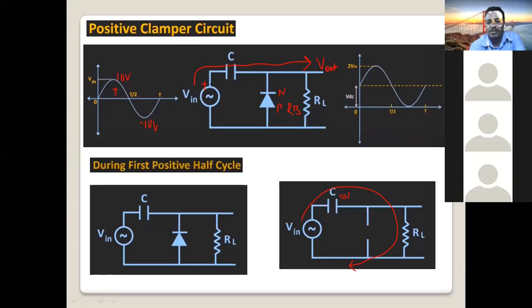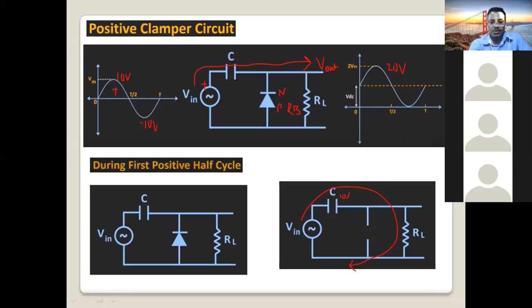How much input voltage? 10 volts. How much voltage does the capacitor store? 10 volts. 10 plus 10, we have 20 volts output. You see here, the peak value 10 is shifted to 20 volts because the capacitor stores additional charge for us. So the signal is clamped upward by 10 volts, which is stored in the capacitor.